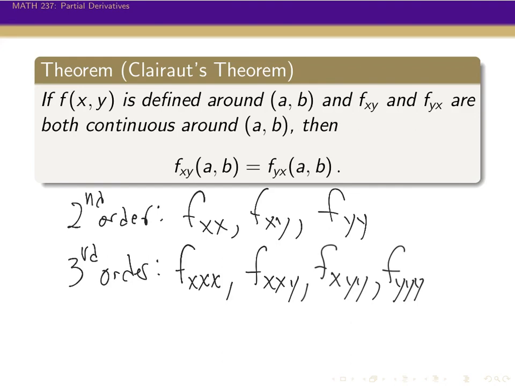And so really for third order, there's only 4 partials. And then for fourth order, there's only going to be 5 partials: all x's, 3 x's and 1 y, 2 x's and 2 y's, 1 x and 3 y's, and then 4 y's.